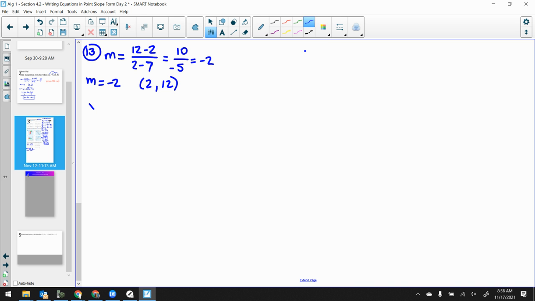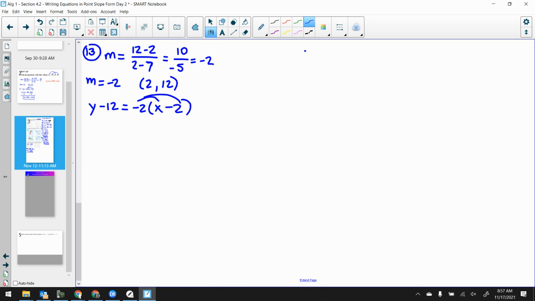All right, Noah, set it up for me. Y minus 12 is equal to m, which is negative 2, and then x minus what? 2. There's my 2. Does that make sense?